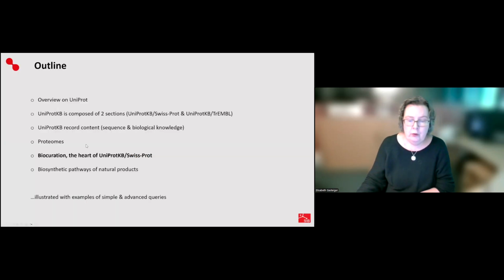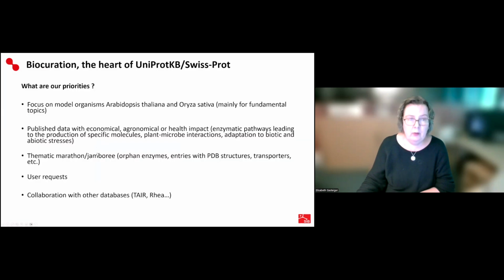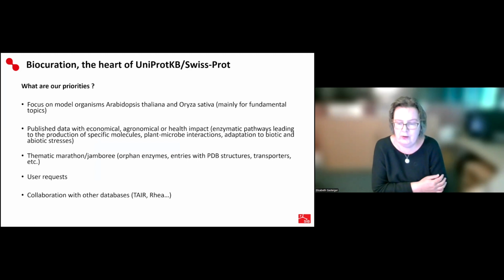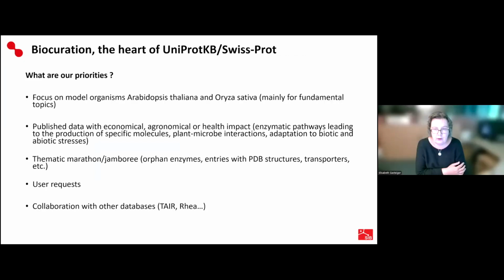Now let's move on to the biocuration process. Amongst all the fascinating biological subjects, the priority in plant curation is focused on the model organism, Arabidopsis thaliana, and on rice, as well as publications with an agroeconomic impact. From time to time, we launch internal cross-functional projects for specific tasks.